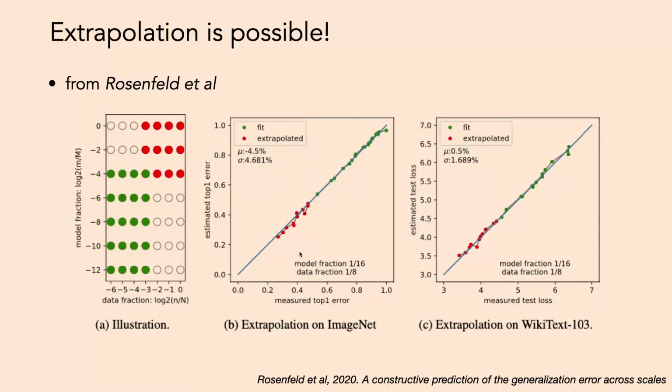In this paper, they ran an experiment where they fit the model on these green points. They have models of different size, but they did a held out test, out of distribution. They fit the model on some scale, and then they scaled up the model to a larger scale, or in this case it might be a smaller scale, but you can do either direction.